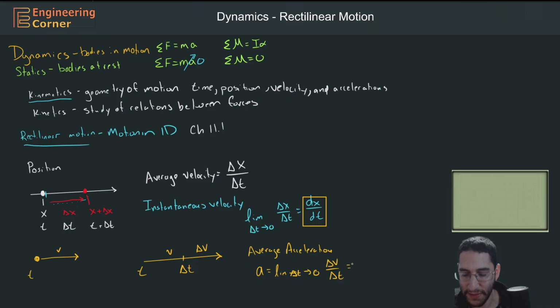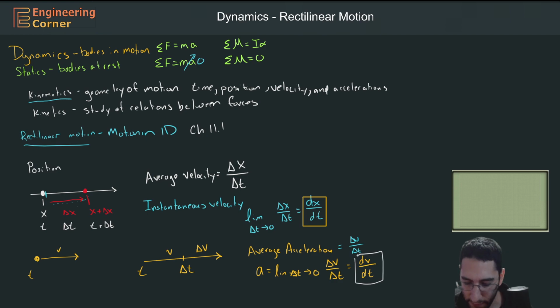And again, that's my average acceleration, which is just delta v over delta t. My instantaneous acceleration is when I make that limit approach 0. And as I do that, I get that this is equal to dv/dt. So that's another equation that we'll have.